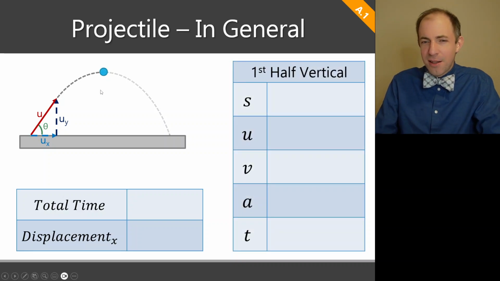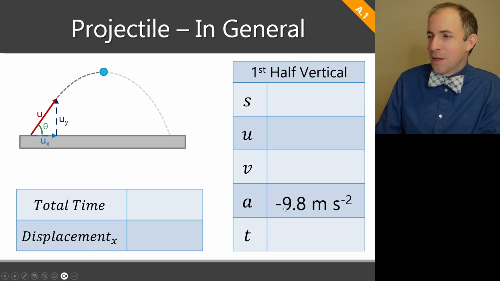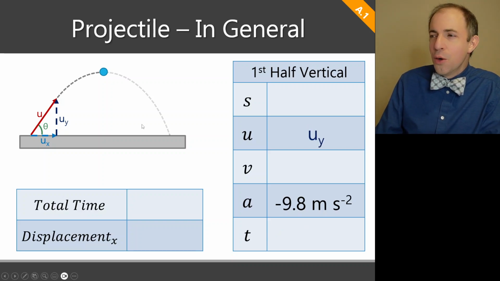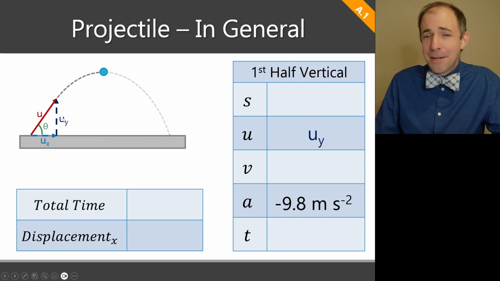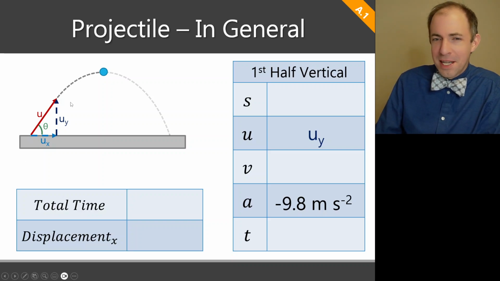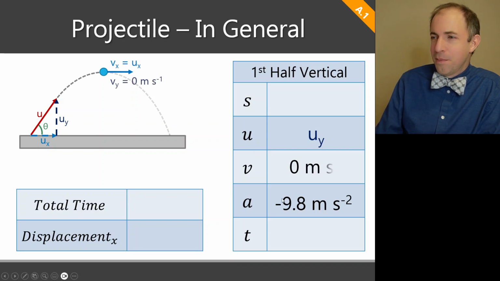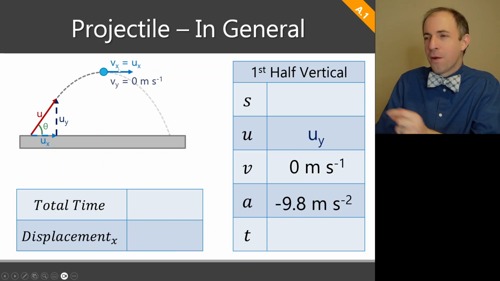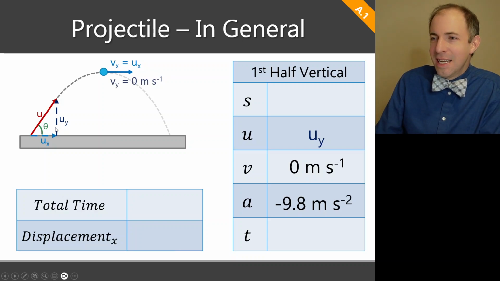Now, if we're looking just at the first half, my acceleration vertically is always going to be negative 9.8. u is always going to be that y component of the initial velocity, once I do my triangle, and then my final velocity in the vertical is just going to be 0. And then we also know that the horizontal part of this final velocity is going to be equal to whatever that initial horizontal was from my original triangle.